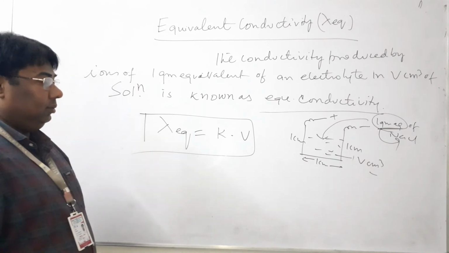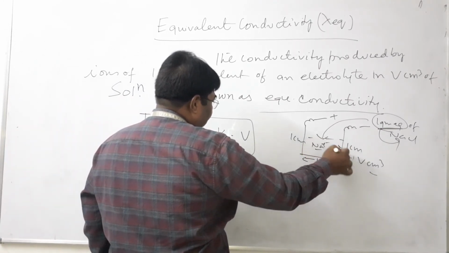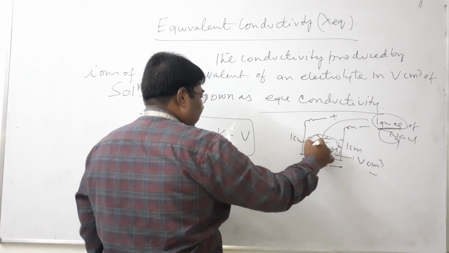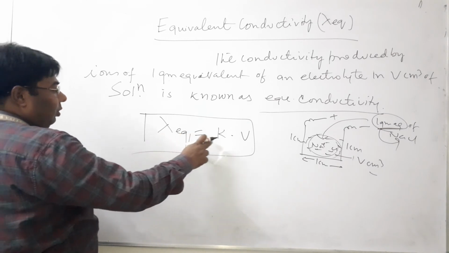So the ions Na plus and Cl minus move in this and produce conductivity. That is said to be the equivalent conductivity. So lambda EQ is equal to K into V.